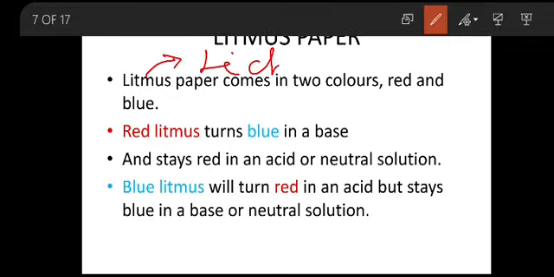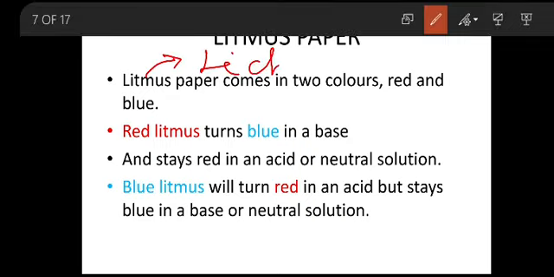Okay. A blue litmus paper will turn red in case of an acid or it will remain the same in case of a base. This thing you have to keep in your mind because only then it will help you to identify the solution as acid or base.